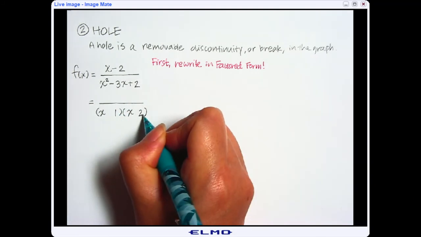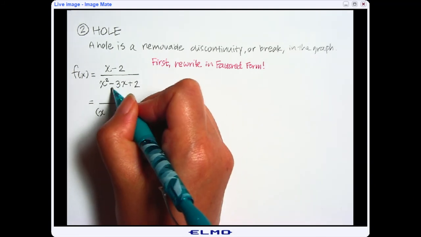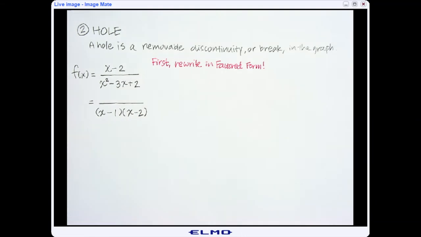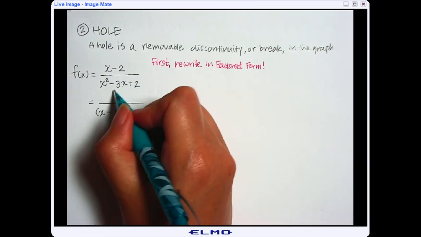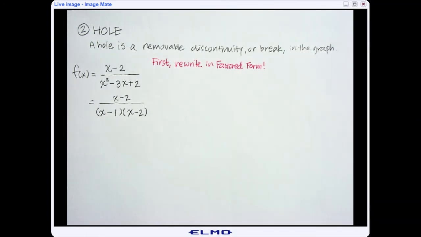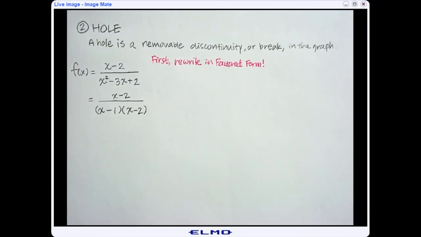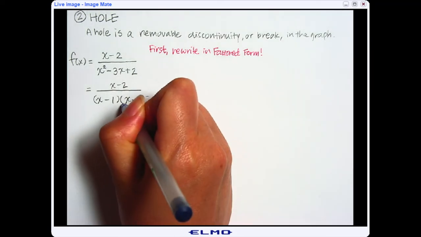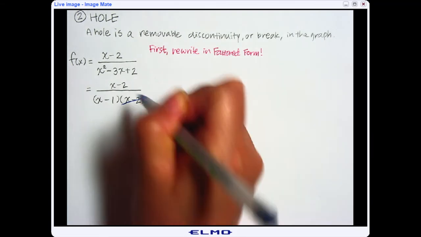1 and 2. Since this is negative, this is positive, I have to make both negative and negative. Then the numerator was x minus 2 right here. Then do you recognize any common factor on top and bottom to be canceled? Yes, there's x minus 2.